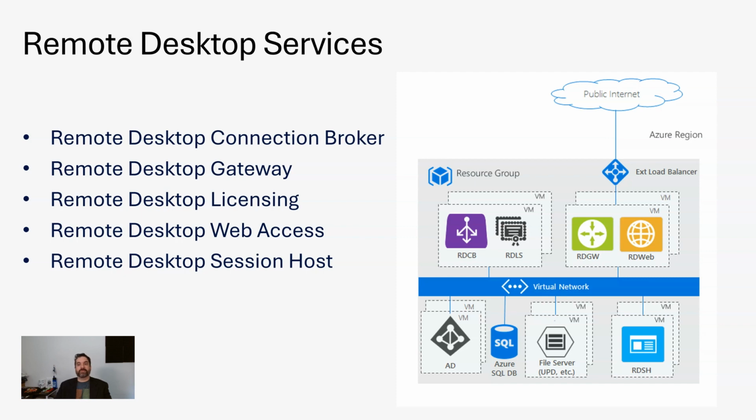And that requires quite a few components like a broker, a gateway, licensing, web access if you want to make people's life easier. And you have the session hosts where the actual machines you're connecting to are. So remote desktop services introduces on just a point-to-point connection to a machine a few more possibilities and rules to allow people to connect to the resources they want.